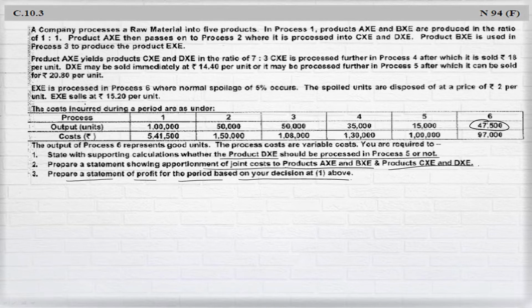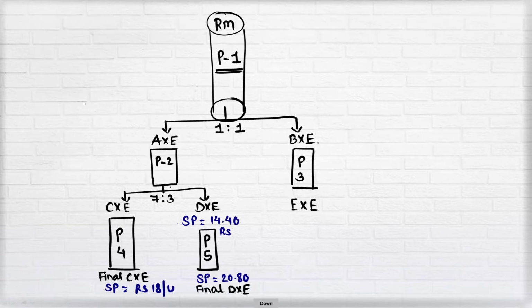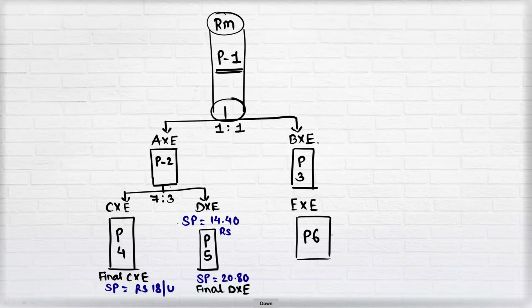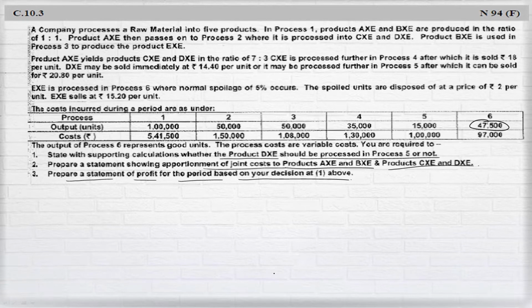Let us also give a name to this product, which is final DXC. The EXC is processed in process 6, where the normal spoilage of 5% occurs. There is a normal loss of 5%. The spoiled units are disposed of at rupees 2 per unit.